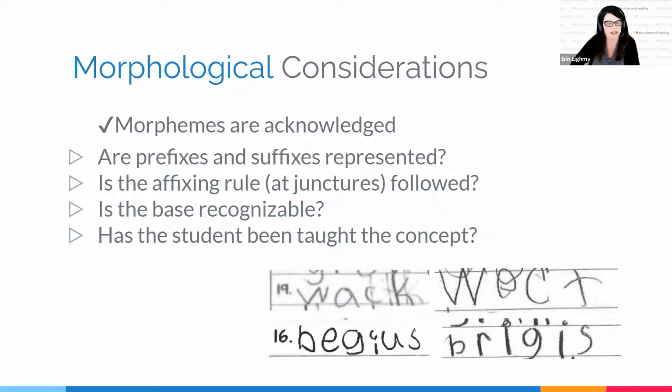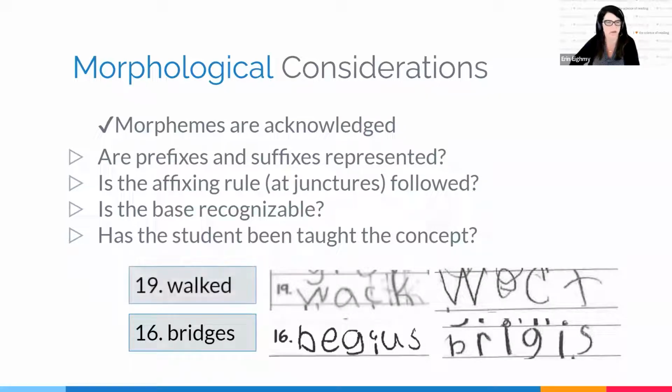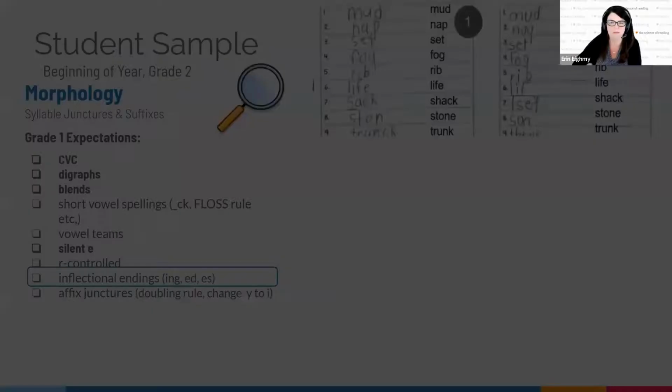So we looked at a couple of these words like bridges, and all of the sounds are represented, b, r, i, j, i, z, right? Logically, but really not getting at the idea that we have a base and a suffix there. And the same with walked being represented by a T, even though there are some past tense verbs that have a T spelling.